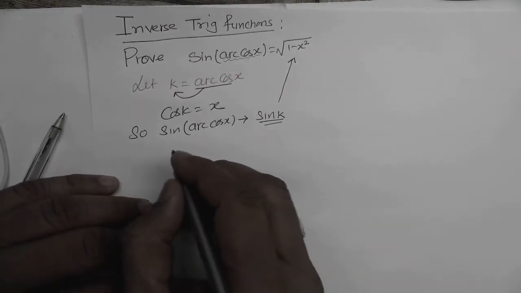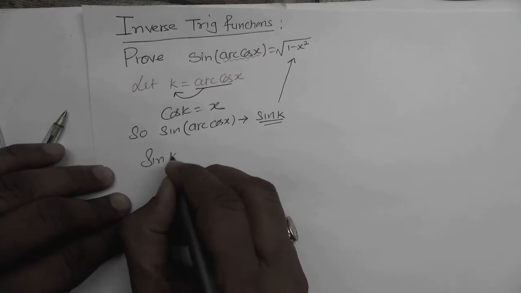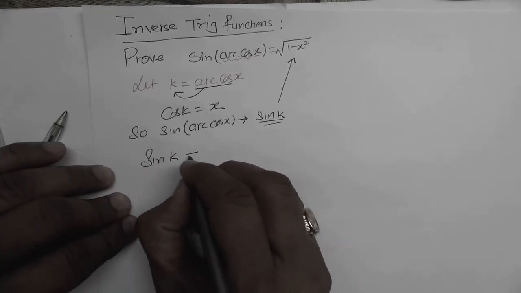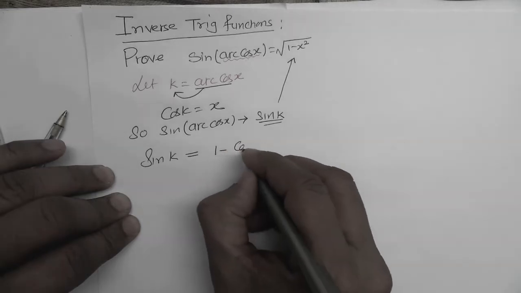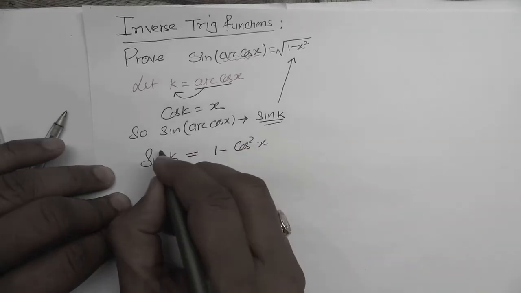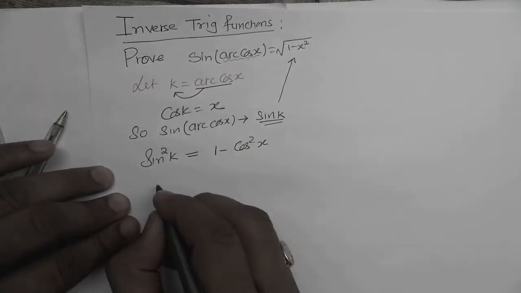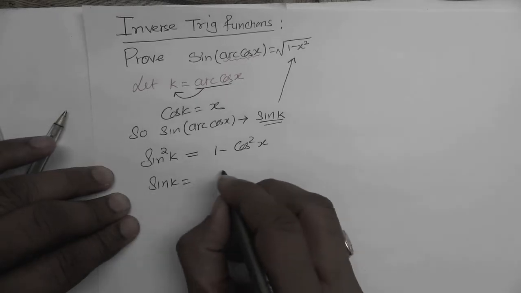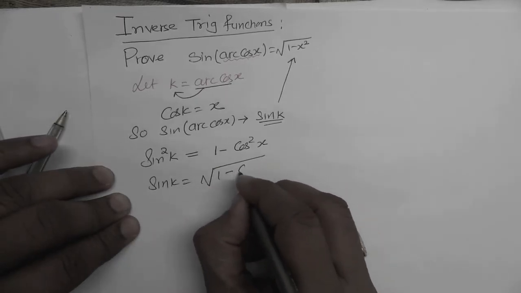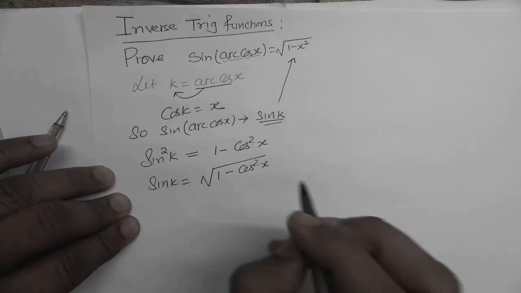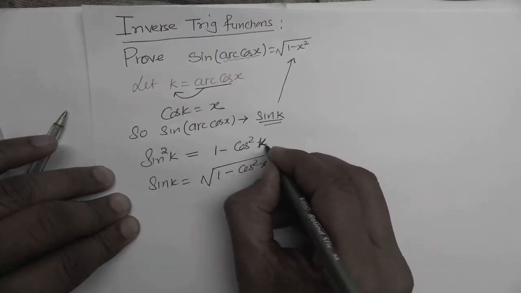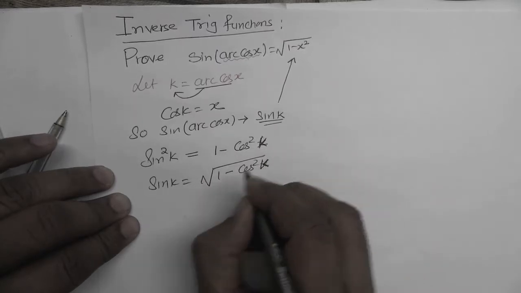And sine squared k is equal to 1 minus cos squared k. So sine k would be equal to the square root of 1 minus cos squared k, plus and minus.